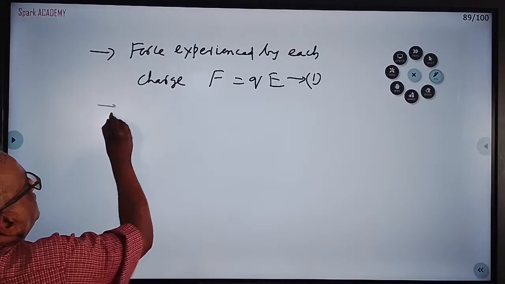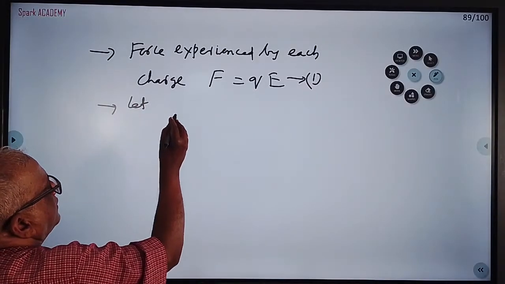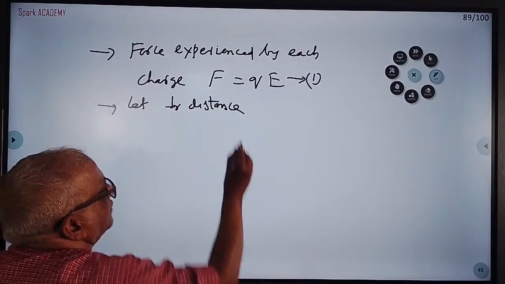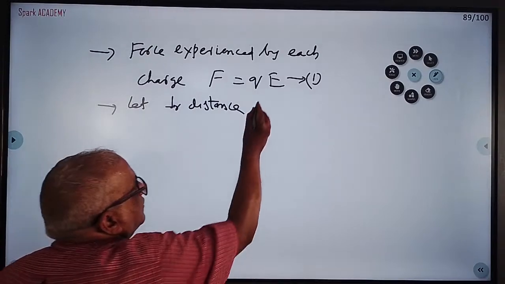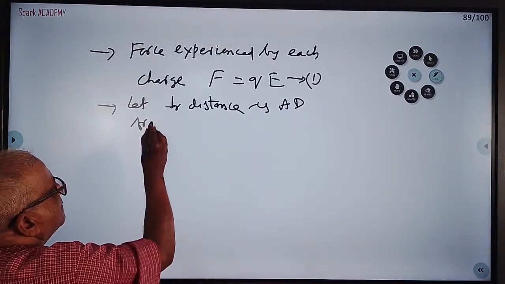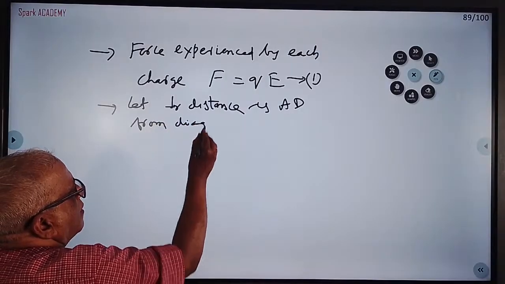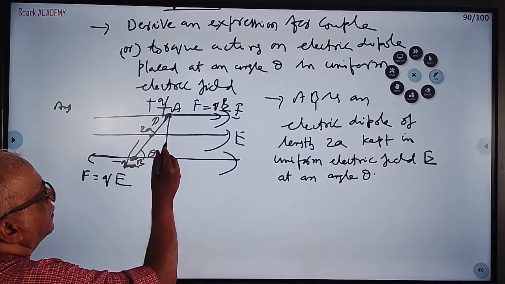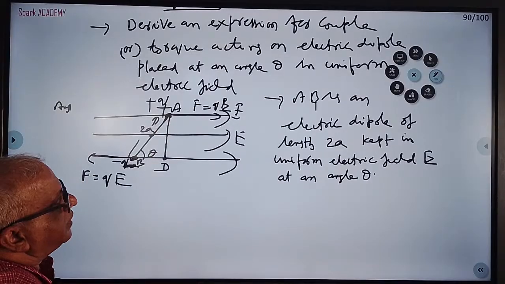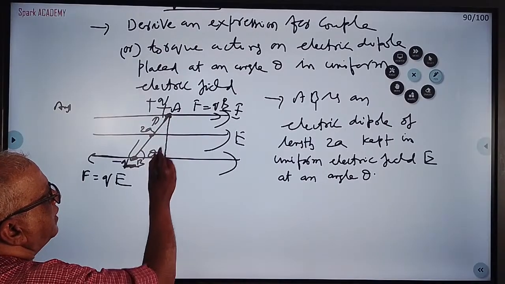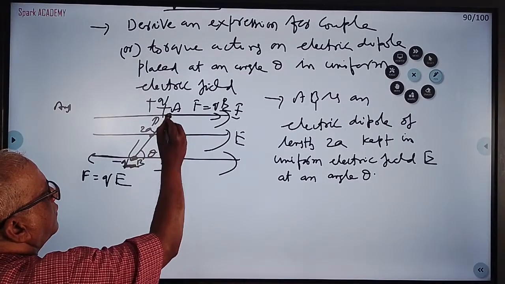Let the perpendicular distance between the two forces be AD from the diagram. Going back to the previous diagram, AD is the perpendicular distance. From triangle ADB, sin theta is equal to AD by AB. What is AB?